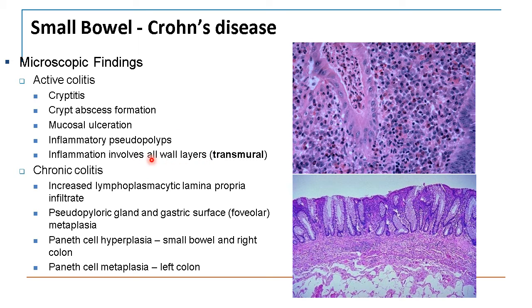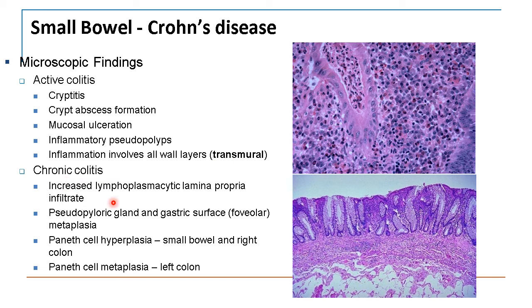This is a very important information. The inflammation in Crohn's disease involves all wall layers, and it is called transmural inflammation. This is in contrast to ulcerative colitis, as we will see soon.